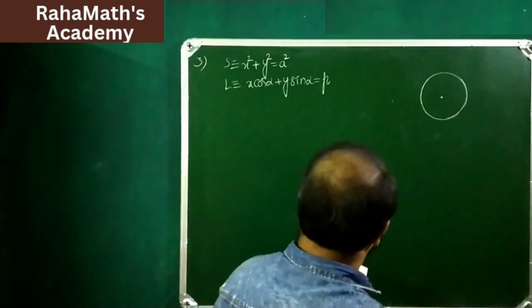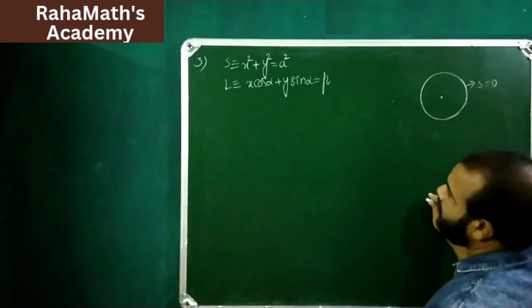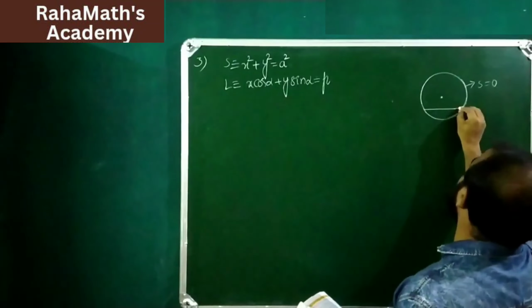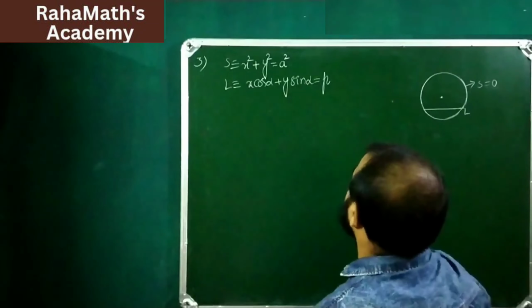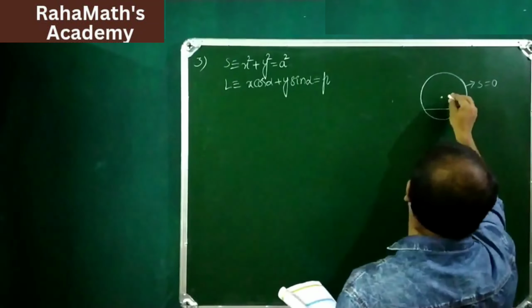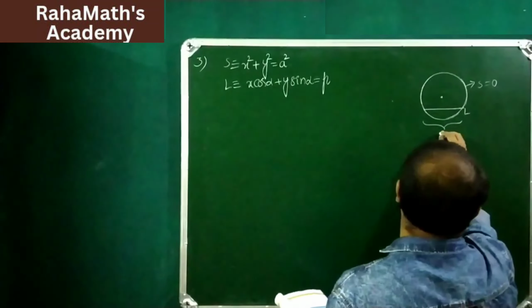So this is the circle given, which is S equals to 0, and this is the line. What is this line? x cos alpha plus y sin alpha equals to p. So this length of the chord I want. So what is the length of the chord?